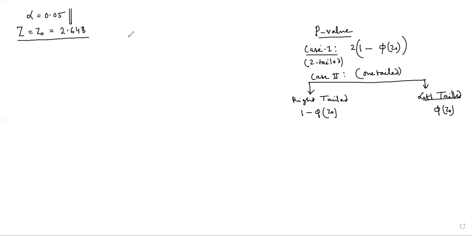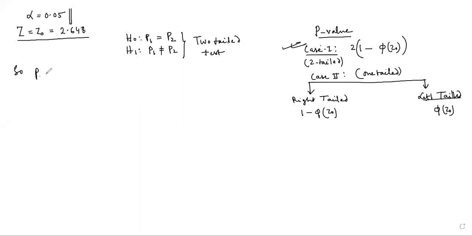In our case, we assume the null hypothesis to be P1 is equal to P2. And our alternative hypothesis was P1 not equal to P2. And that was indeed a two-tailed test. No doubt about it. So to calculate the p-value, we are going to stick to formula 1.